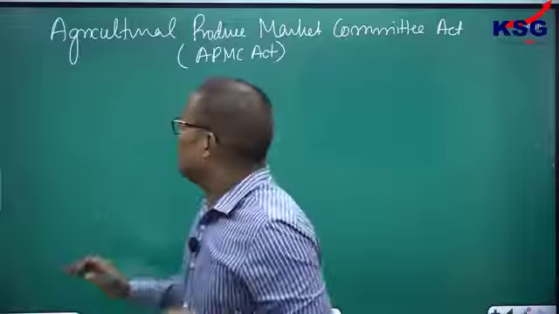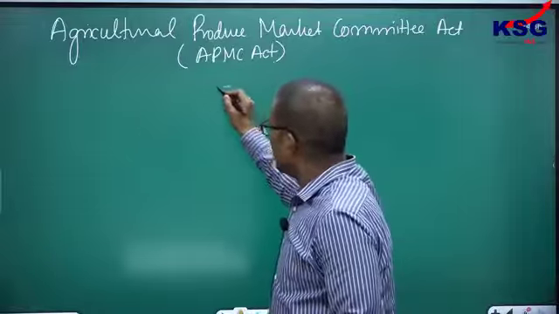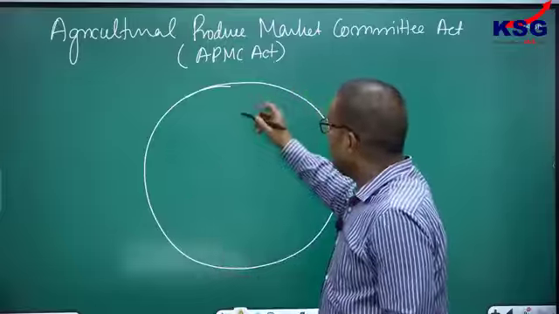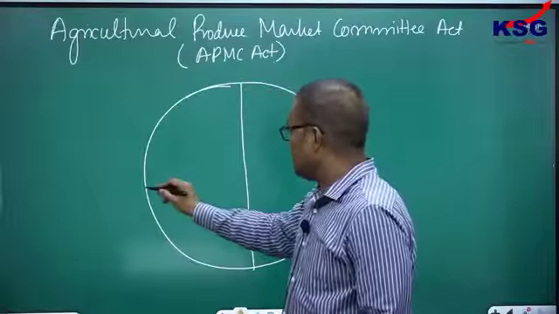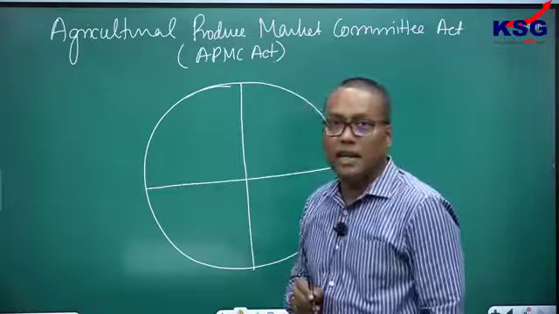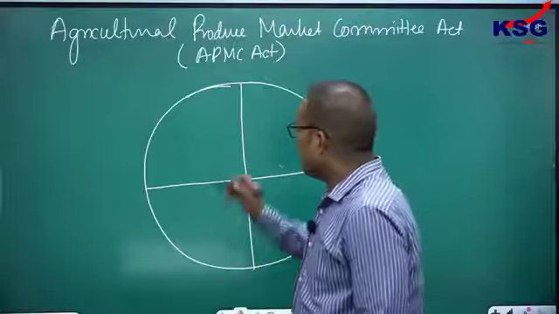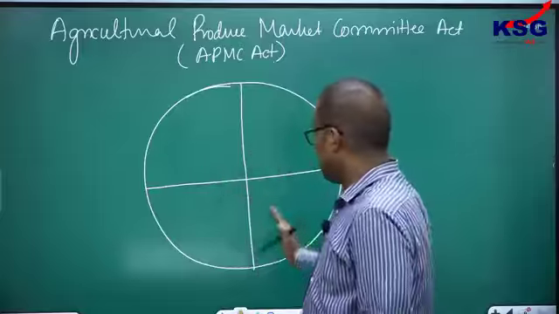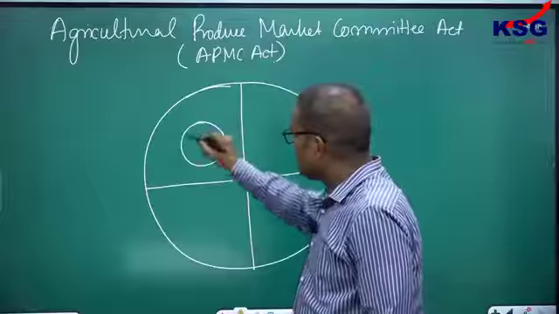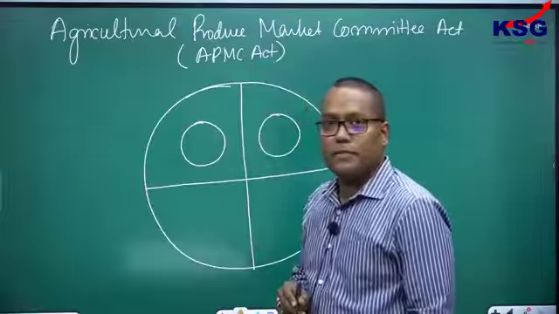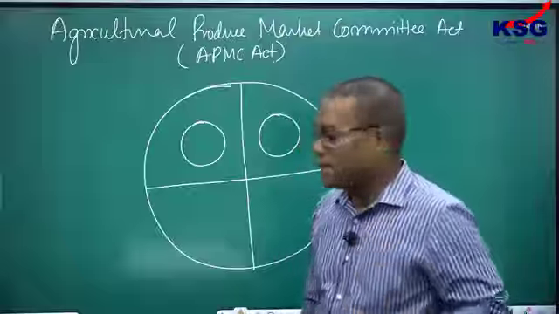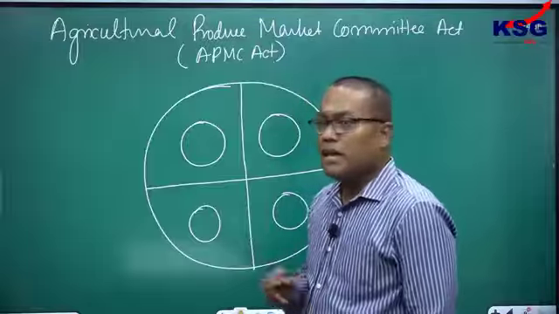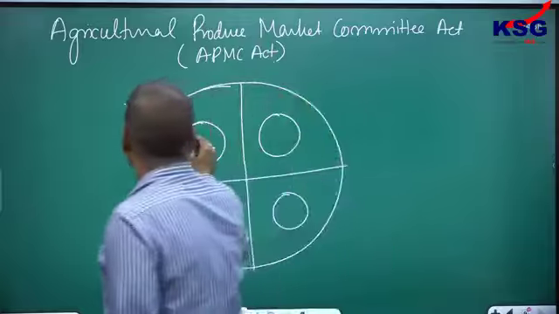Under this APMC Act, the state government divides the whole state into different areas, and each area is considered a particular jurisdiction. In each area they establish a particular mandi. Suppose this area has this mandi, and this area has this mandi. So they establish the mandis, and the mandis are governed by the APMCs.